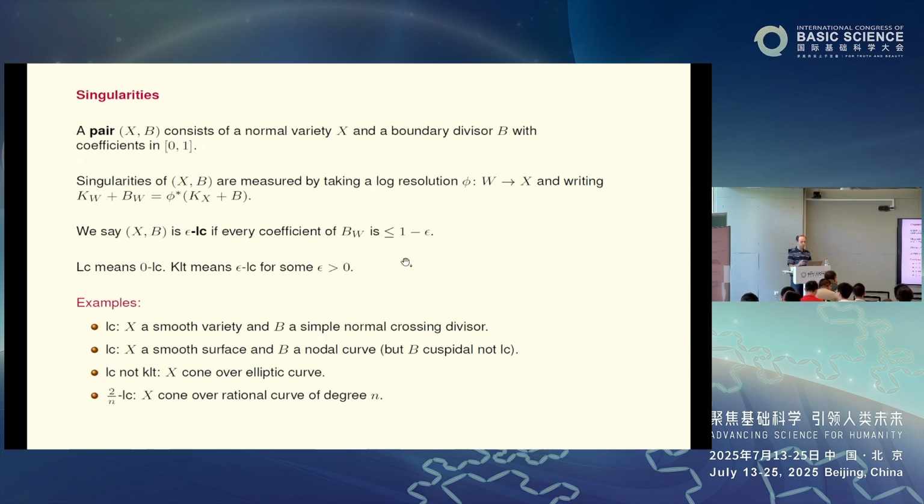And if I don't focus on the epsilon, just know that I have some positive epsilon, these are called KLT or Kawamata log terminal. So maybe just keep in mind epsilon-LC. Or better, maybe just think of this as a way of measuring singularities using resolutions.